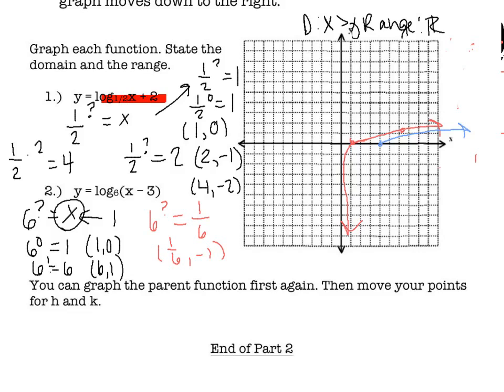And now my domain will be for anything where x is greater than that h value of 3. So x is greater than 3. And my range is still all real numbers. And I have that vertical asymptote at 3.